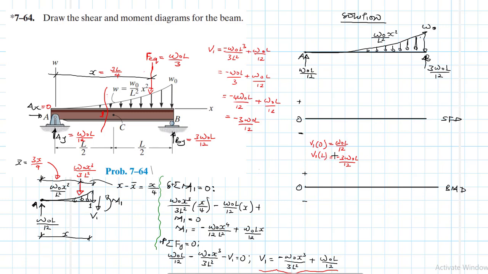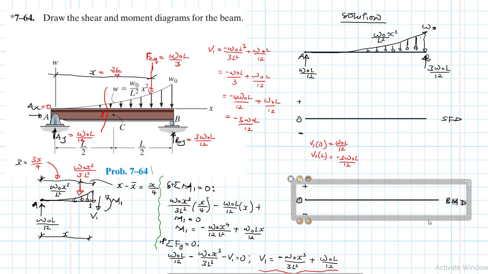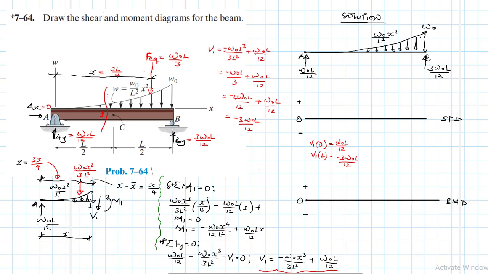So let's find the boundary values for moment also. Maybe I bring it down a little bit there. All right, so what is M1 when x is equal to 0, moving from A to B?